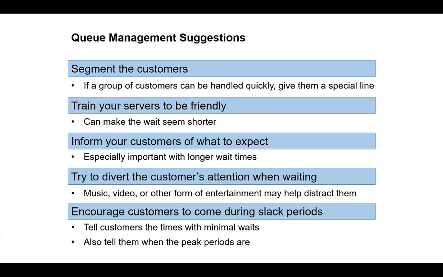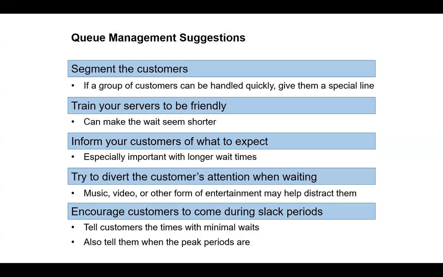You can also give information to the customers who are waiting about the expected waiting time, let them know how long they may wait, as well as distract their attention, like providing free snacks, beverages, free TV shows, music, or other entertainment.